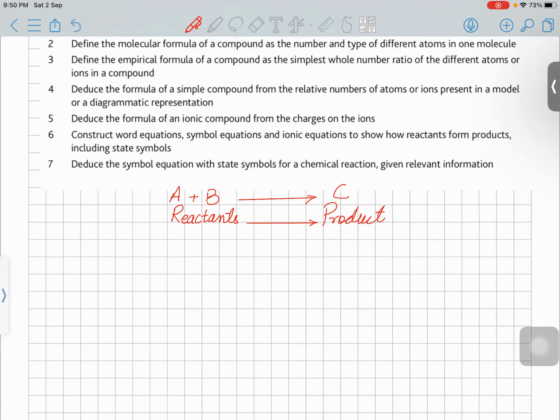So stoichiometry means what exact amount of reactants A and B are required to react and form product.